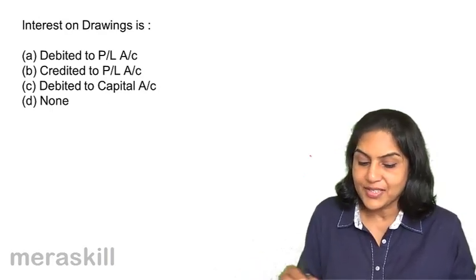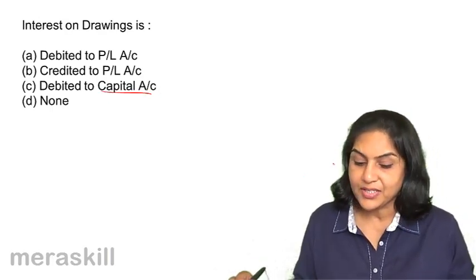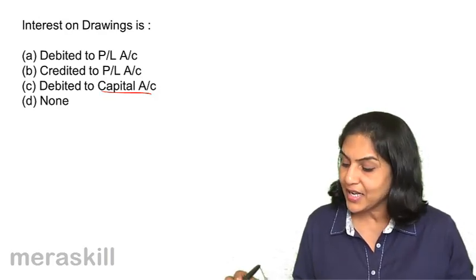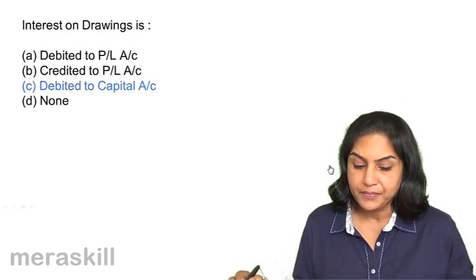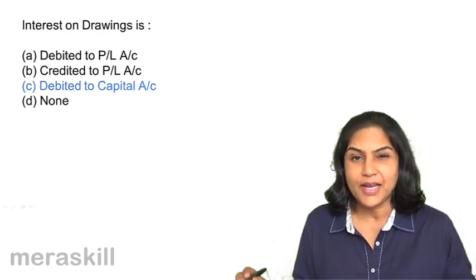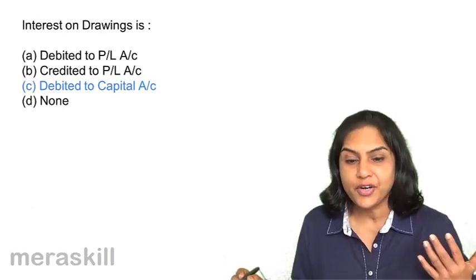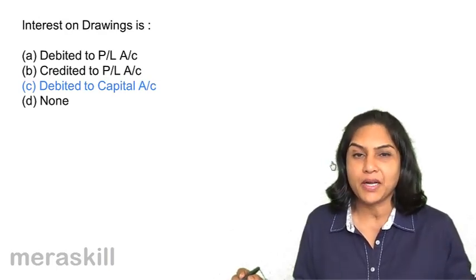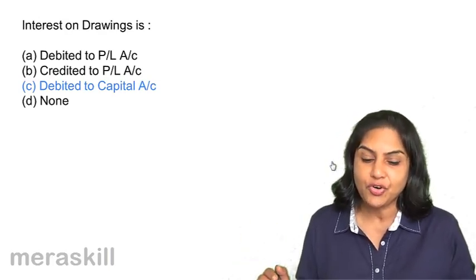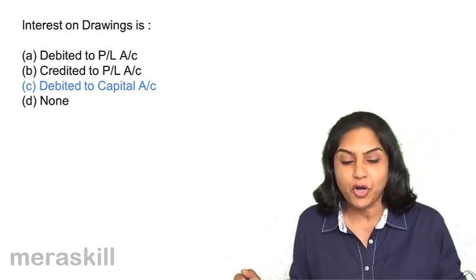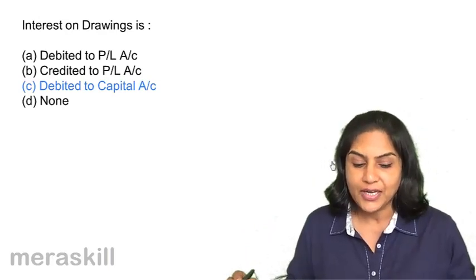It is a charge on the partners. It's an income for the partnership firm, but an expense or a reduction for the partner, it ends up reducing the capital account. So interest on drawings, what is your entry? Partner's capital account debit to profit and loss appropriation account. So correct answer C.